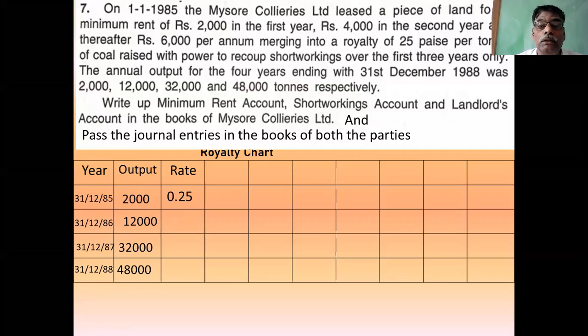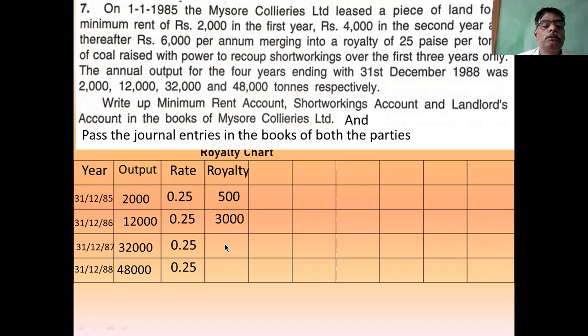It is 25 paise for each year. Then next is royalty. Royalty is first year 500, 2000 into 0.25. 12,000 into 0.25 is 3,000. 32,000 into 0.25, 8,000. 48,000 into 0.25, 12,000. This is the royalty.